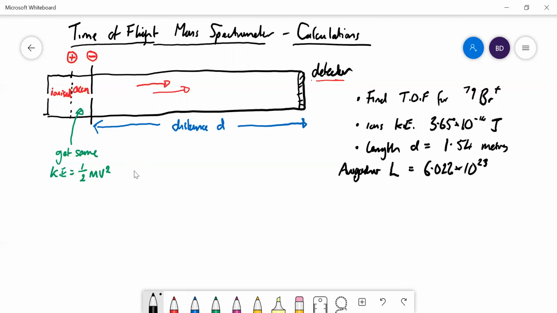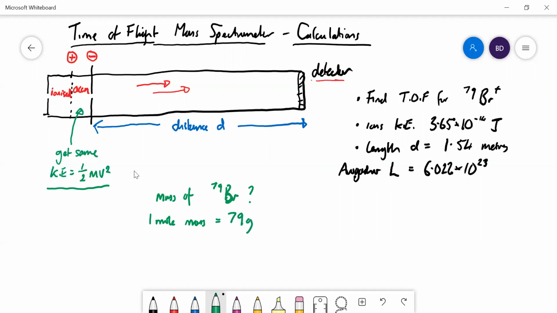Right, how are we going to do this then? Well, we know that kinetic energy is equal to half mass times velocity squared. How are we going to find the mass of the 79 Br? We know that 1 mole has a mass equal to 79 grams.